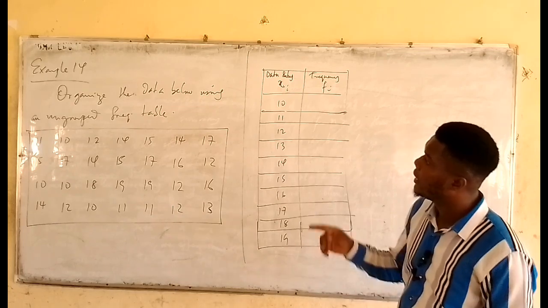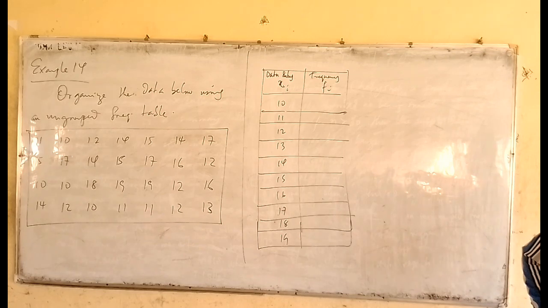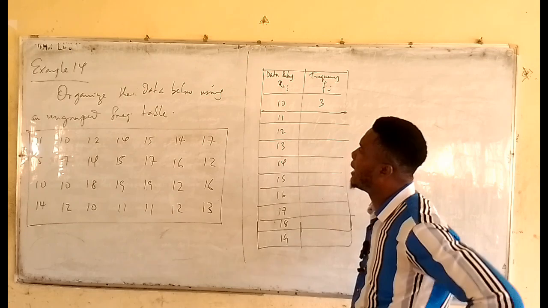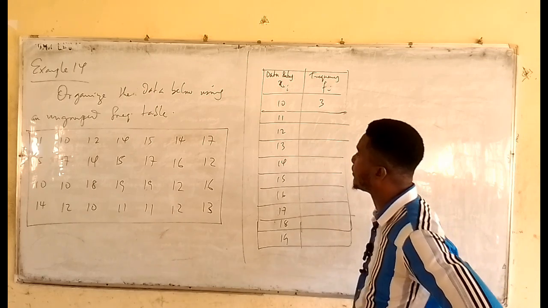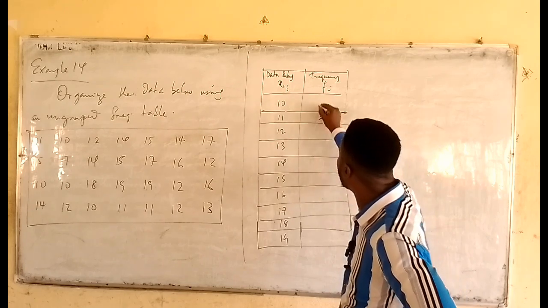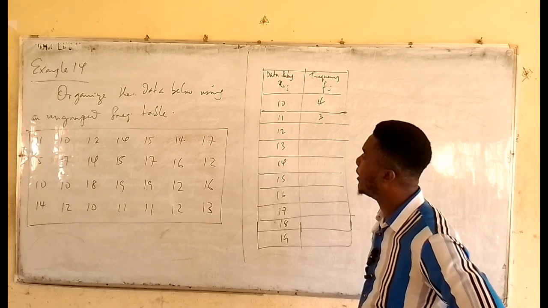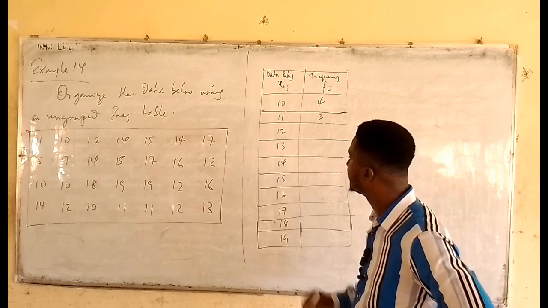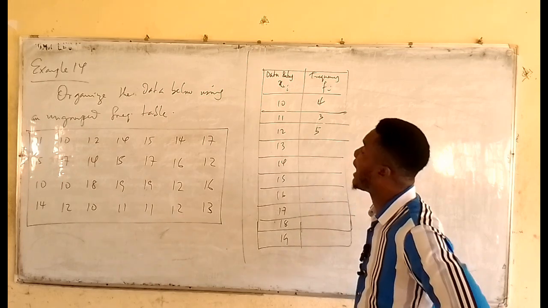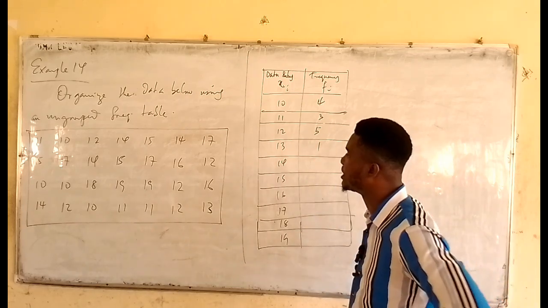Now, please look at it. How many 11s do you have there? 3. How many 10s? 4 tens. How many 12s? How many 13s? 1. How many 14s?